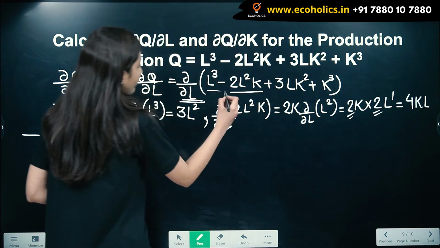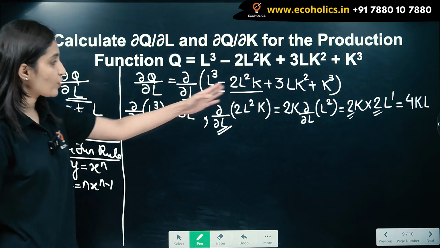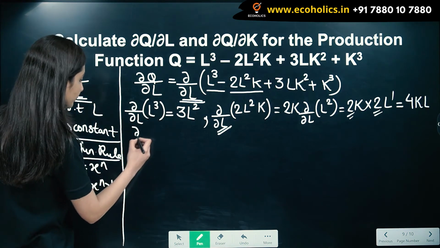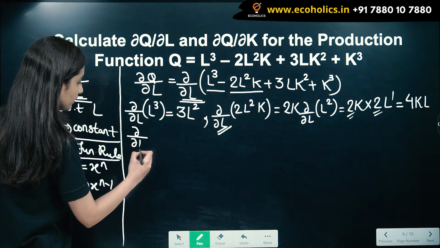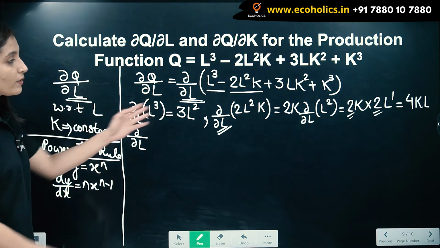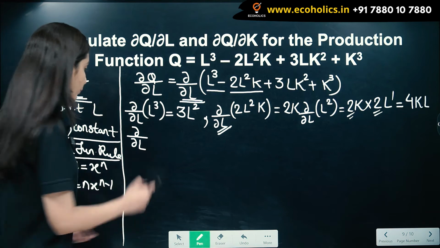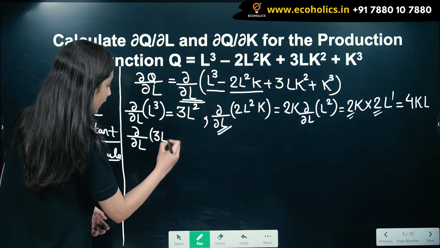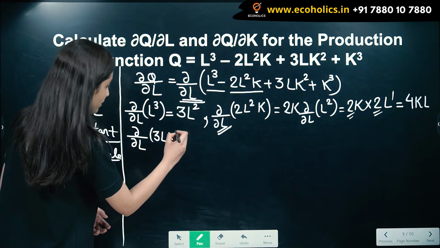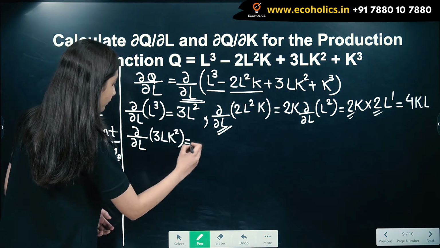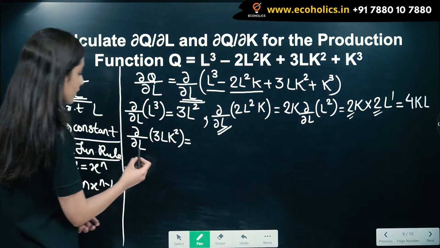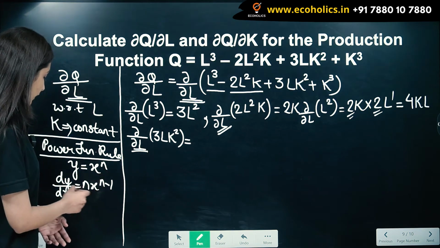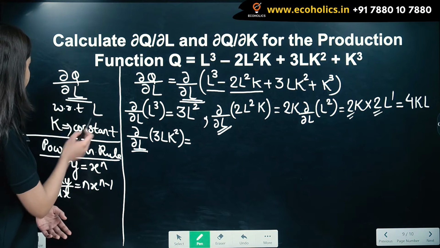Now we have already seen derivatives of these two terms. Let's calculate the derivative of the other two terms. Our next term is 3Lk². Since we are differentiating with respect to L, we have k as constant.